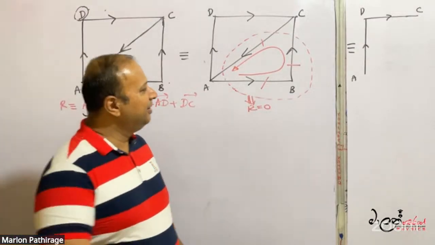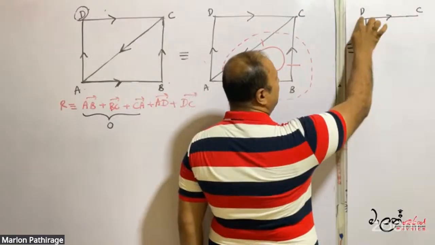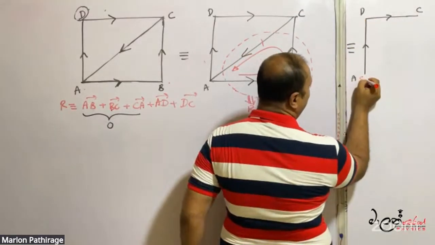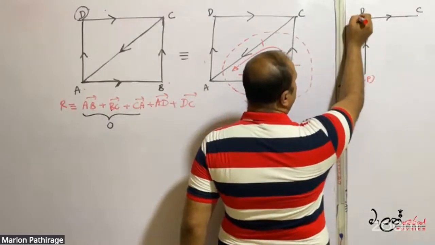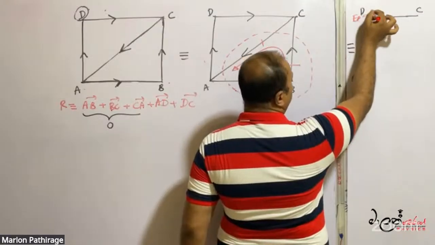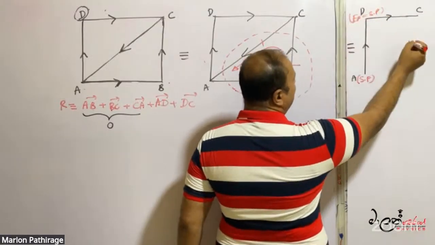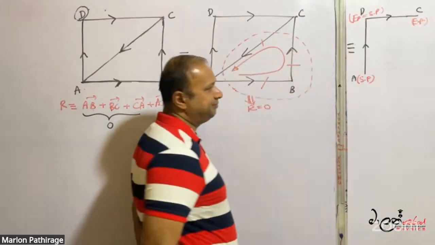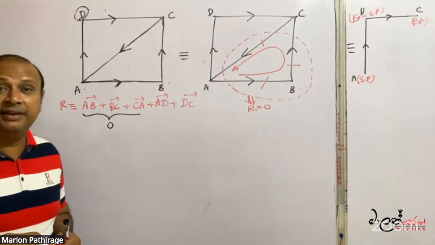This is the starting point of the first vector, and this is the end point of the first vector and the starting point of the second vector. And this is the end point of the second vector.